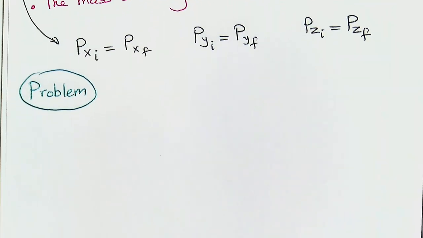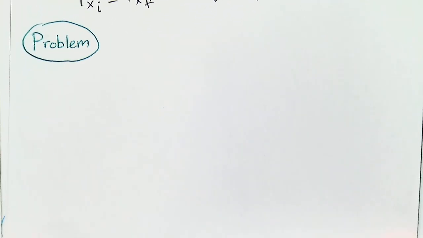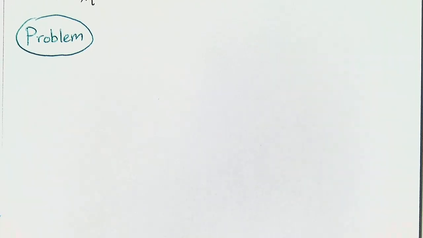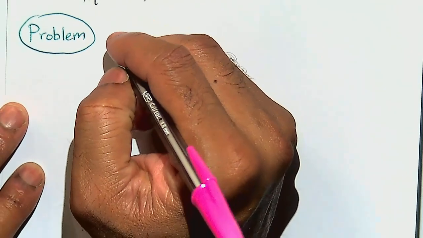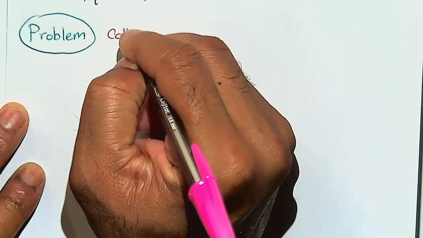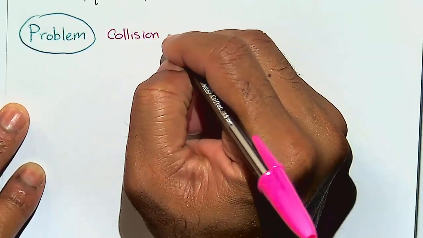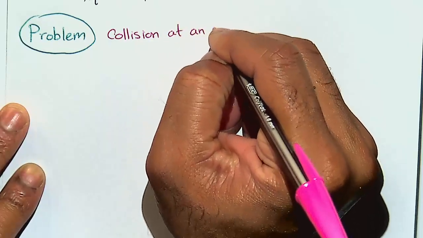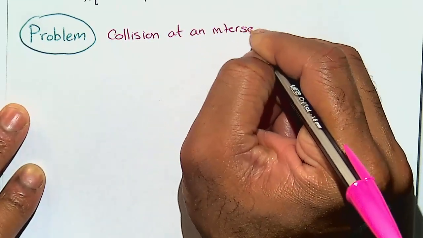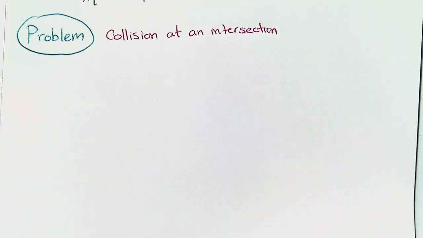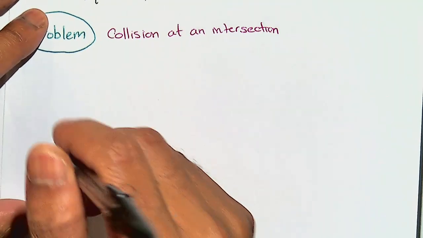Okay, so let's take a look at a collision at maybe a T-junction on the road, where you will see collisions in two dimensions now, right? It's not just head-on collisions. Okay, so a collision at an intersection.